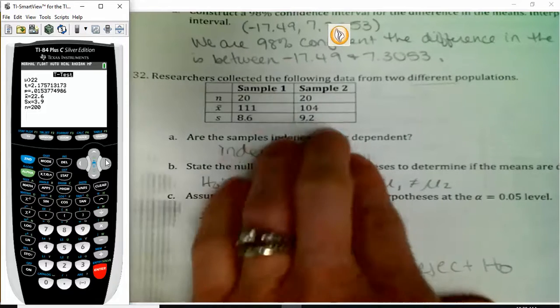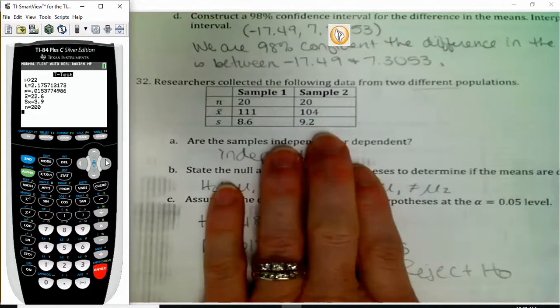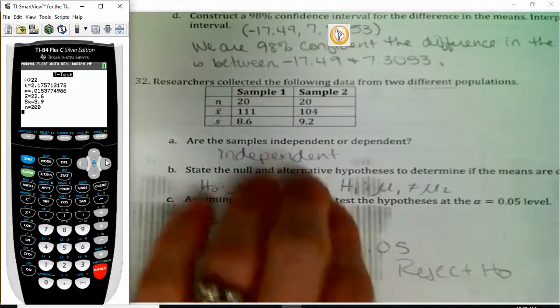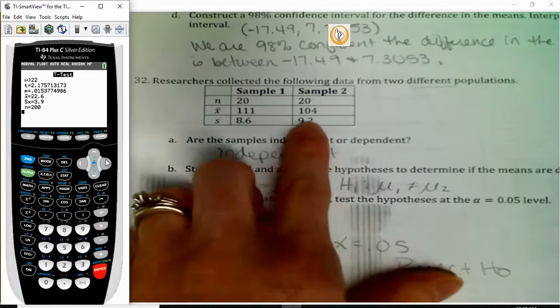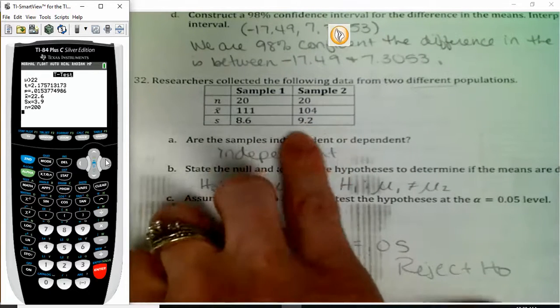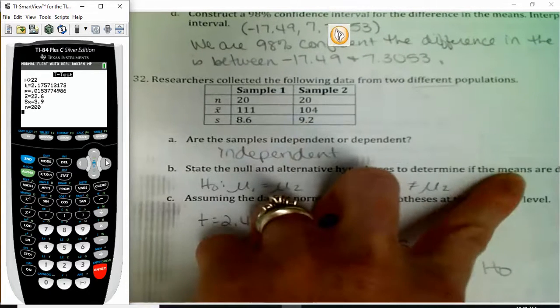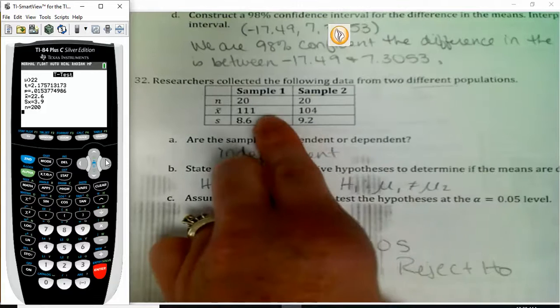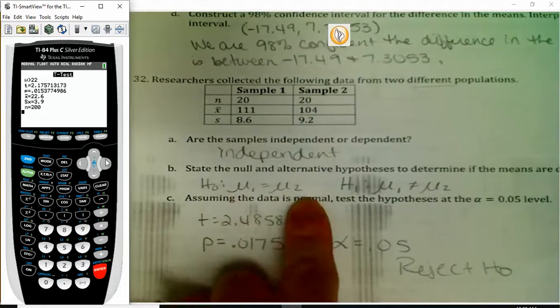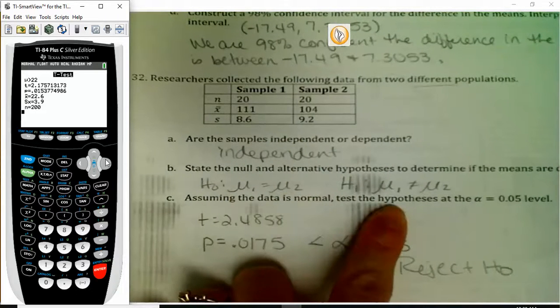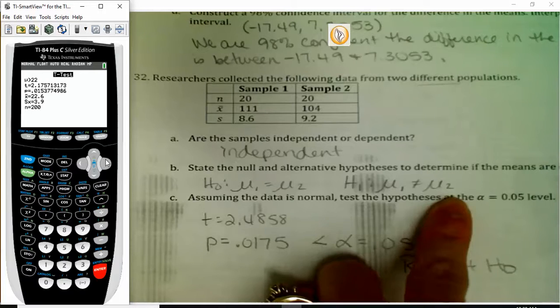Independent. So that means this is not matched pairs. You do matched pairs if they are dependent. So null and alternative, we just want to know if the means are different. The null would be the mean of the first equals the mean of the second. Alternative, if they're different, they're not equal.